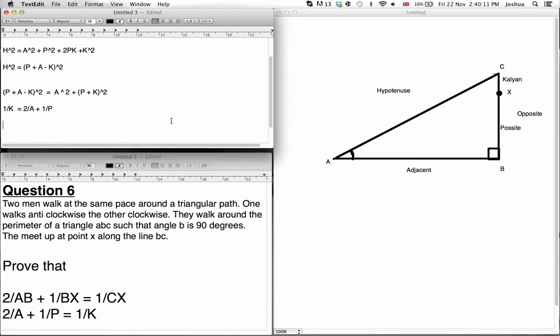Let's see how they did it in the answer book, guys. So they got the exact same thing but with different letters. I can't do what I did, which I like, but I can't do that. Question 6, they did the same way as we did it.